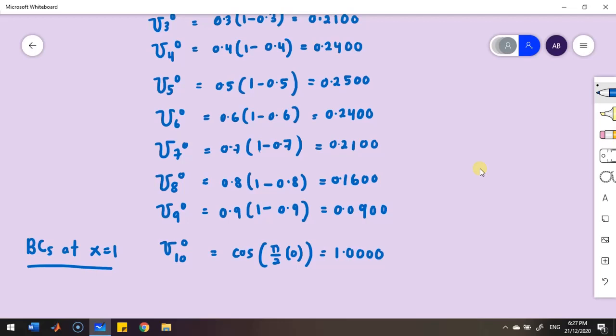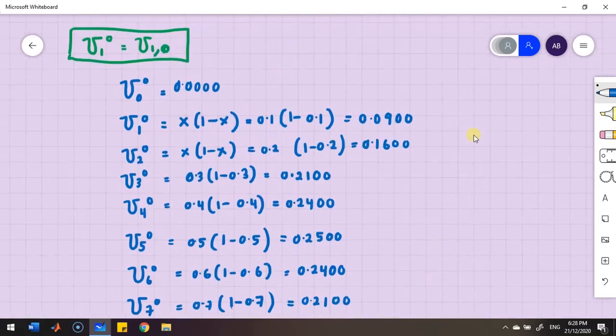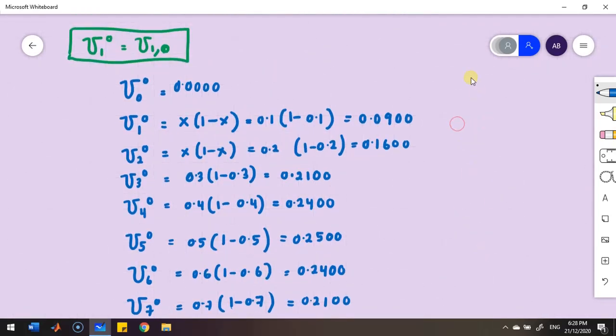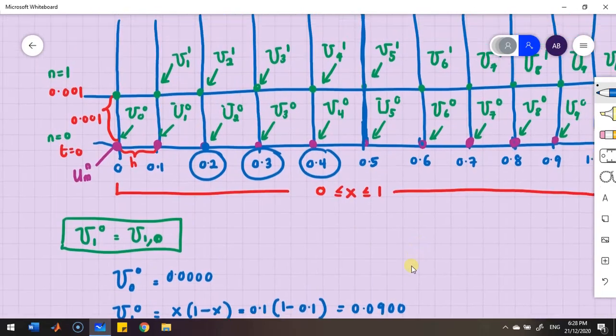Now let me just recall what we are going to do next. Look at the table again.